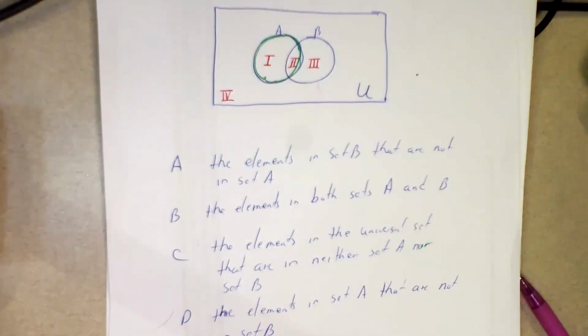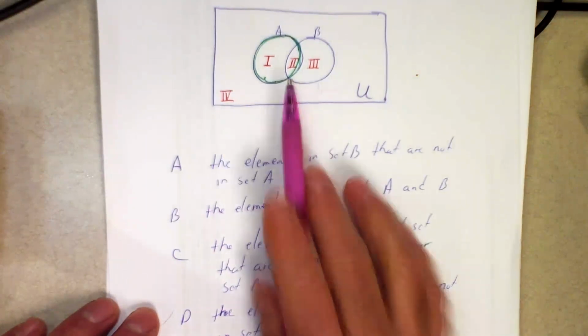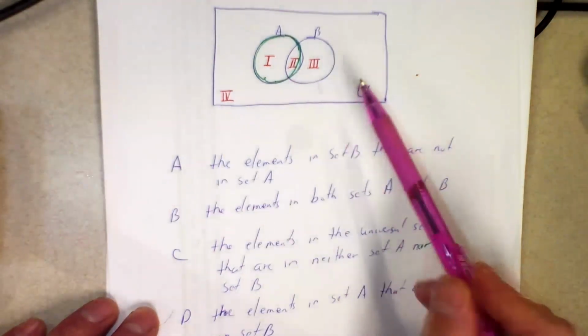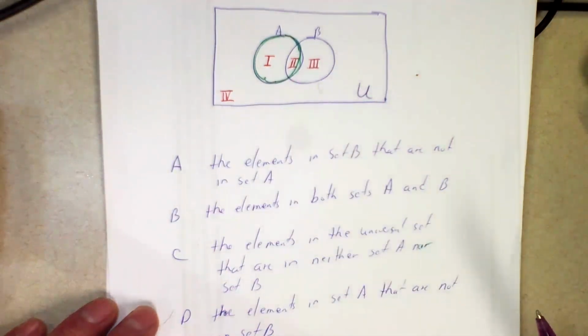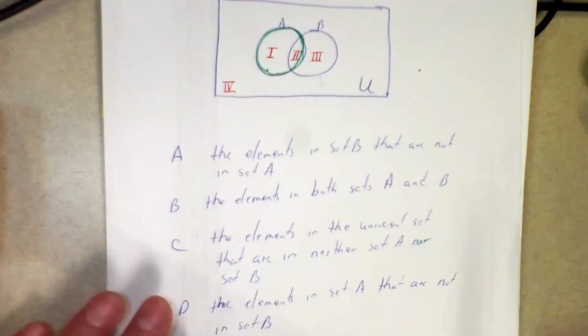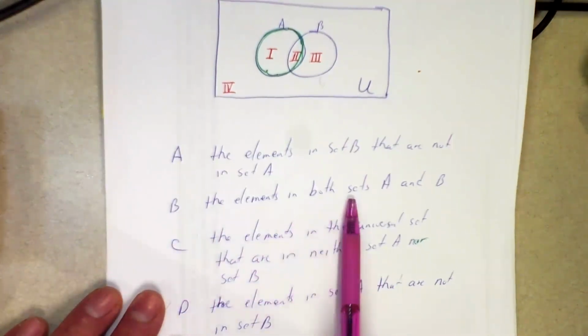So let's identify from these descriptors which one is 2. To me, this 2 is where they both intersect. That's where the elements are. So I'm thinking that this is B, the elements in both sets A and B.